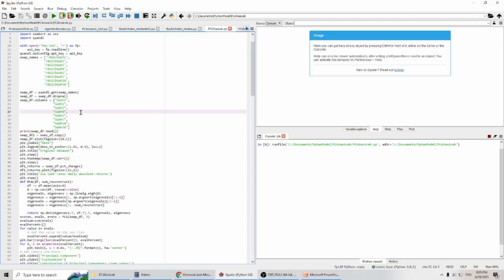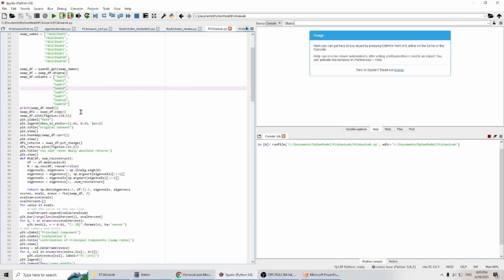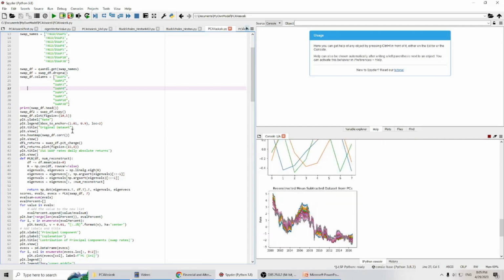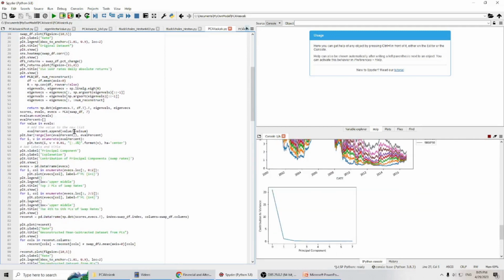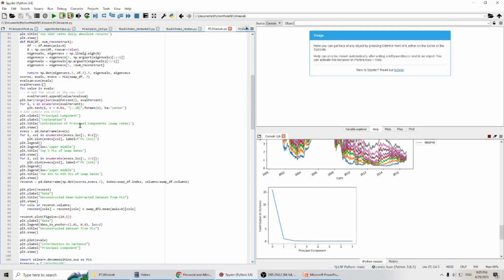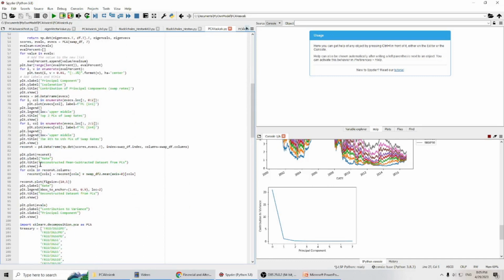First, we'll get the data, and then we'll check how it looks for this original data set. And then I will do this principal component analysis and check the contributions, and then I will reconstruct the data set from principal components.